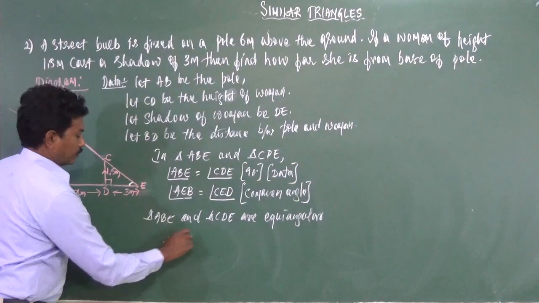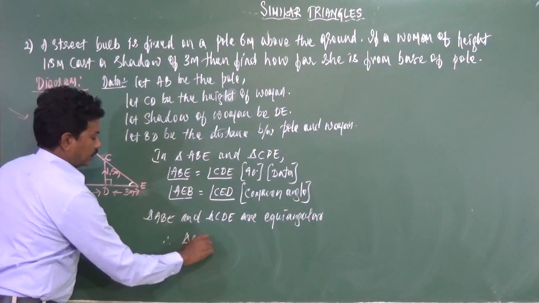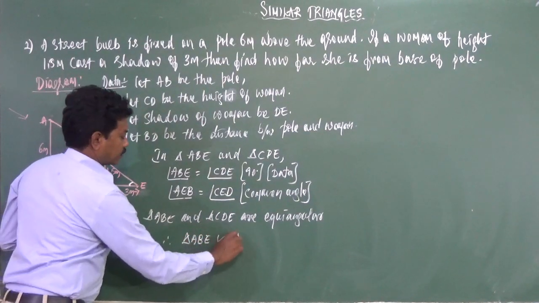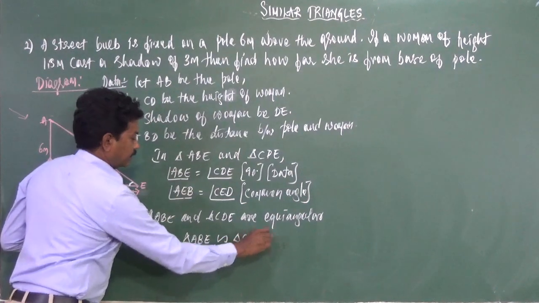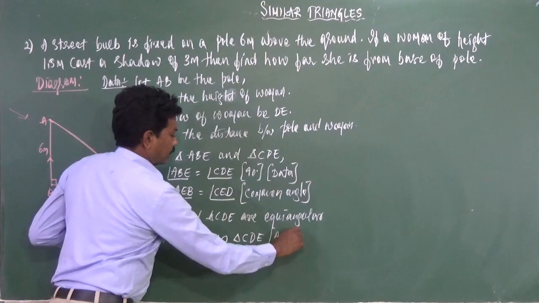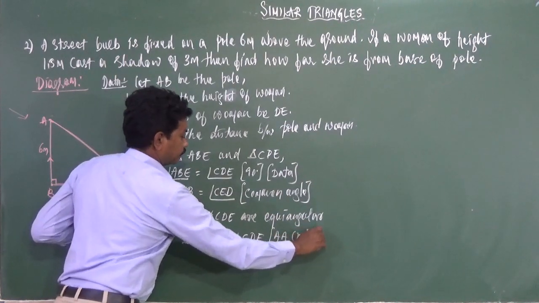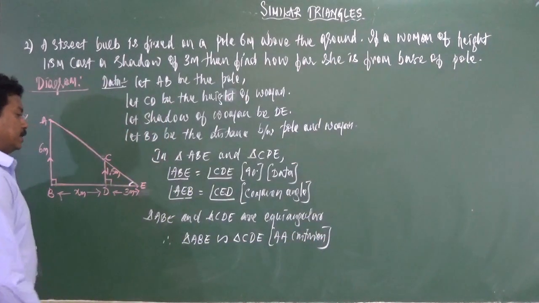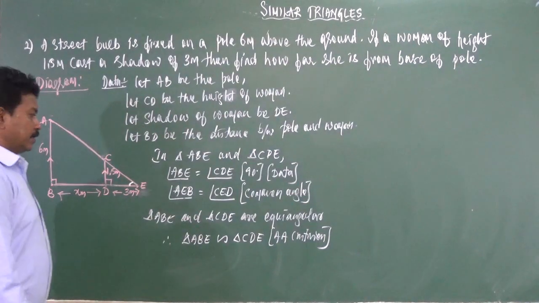Therefore triangle ABE is similar to triangle CDE, according to the AA criterion. So we have proved that both the triangles are similar.